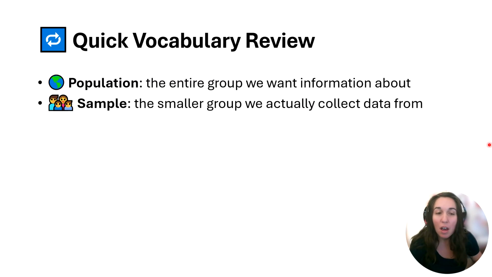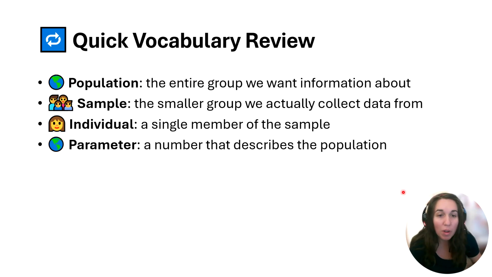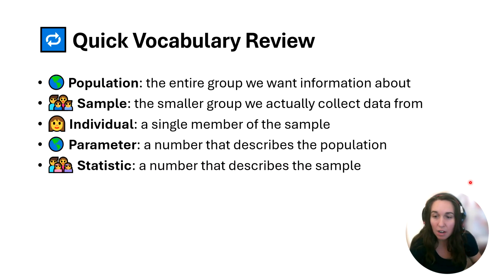Drilling down a little bit, we have our sample. That's the smaller group that we actually collect the data from. And then drilling down a little bit more is the individual, which is just one single member of that sample. We have parameter, which is a number that describes the population. And along those same lines, we have a statistic, which is a number that describes our sample.